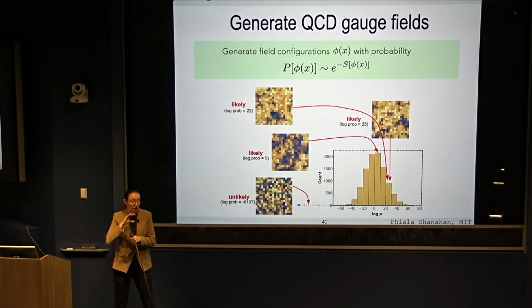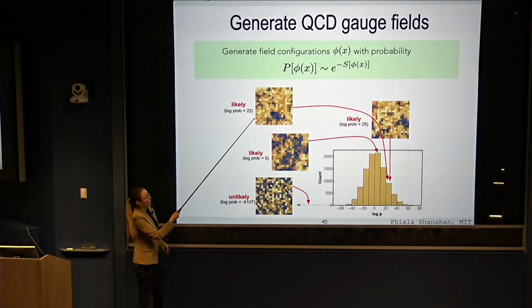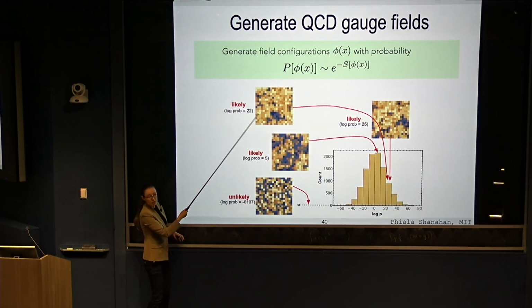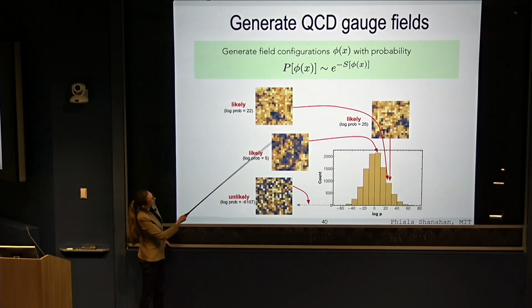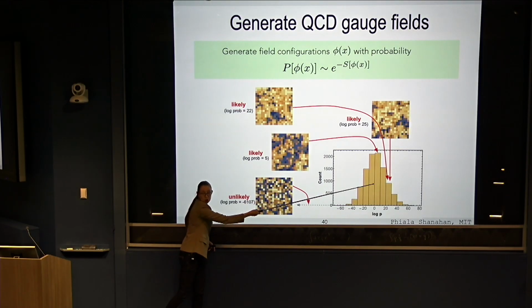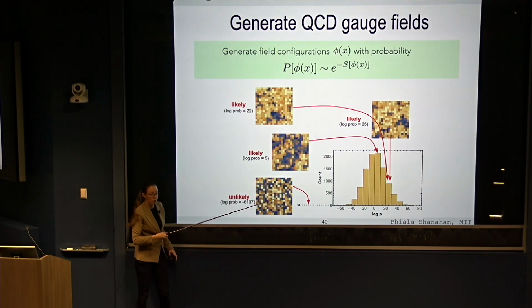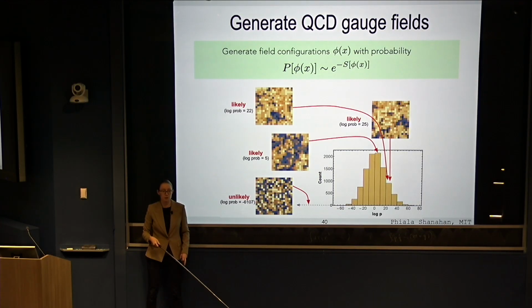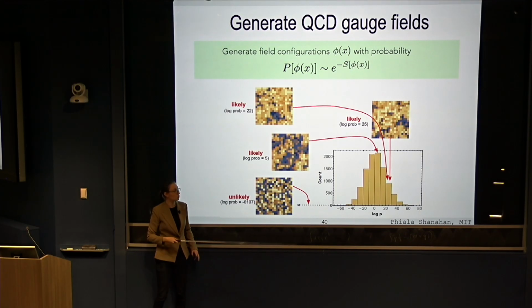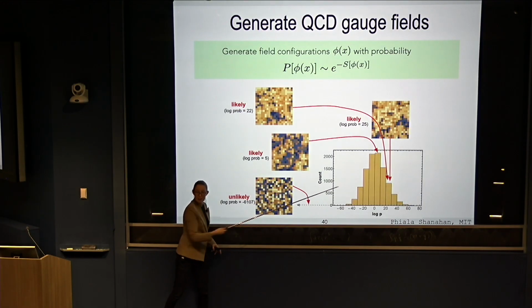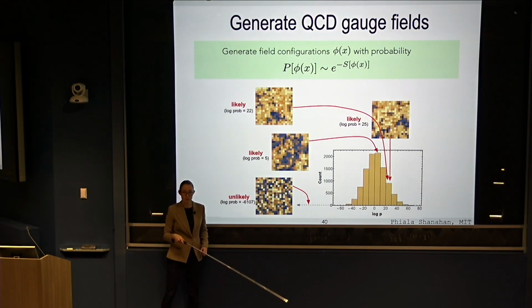What that looks like, if we were to imagine the samples look like this, they don't, they're somewhat more complex, but imagine they look like this. These ones here, where you see there are correlations on some canonical scale, those are more likely, they should occur more often. This is random noise. That is less likely, that should occur less often, right? I want to sample the more likely contributions correspondingly more, the less likely contributions correspondingly less.